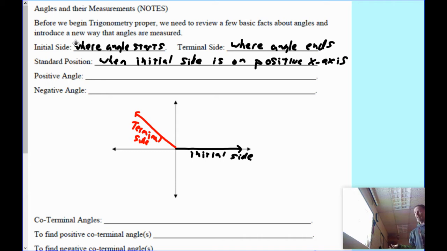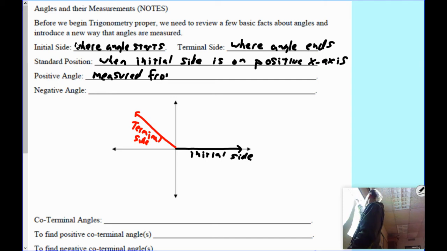Now, even on that random angle that I drew, we can actually measure it in a couple of different ways, okay? So we can measure it in a positive direction, and what that means is we're going to be measuring it from the initial side in a counterclockwise direction.